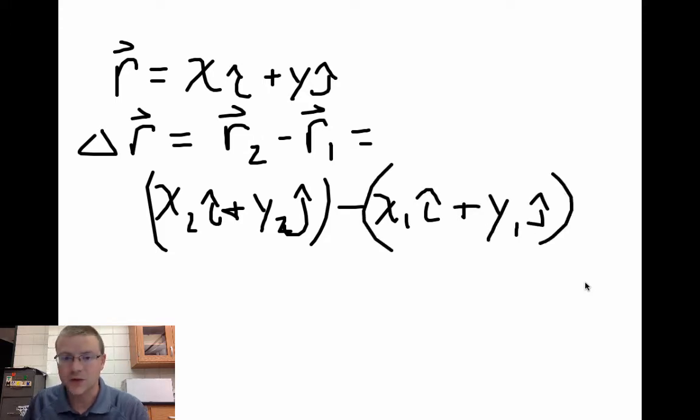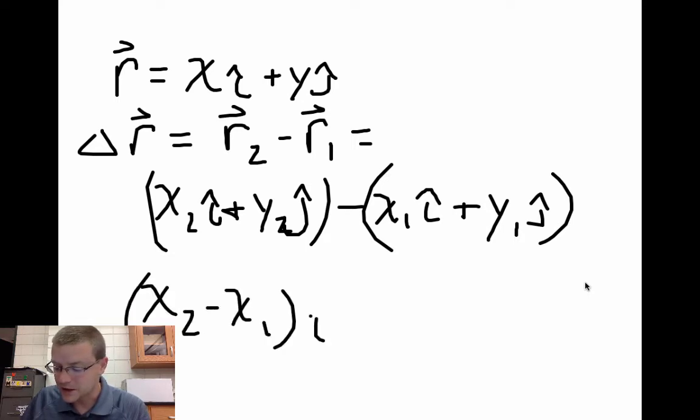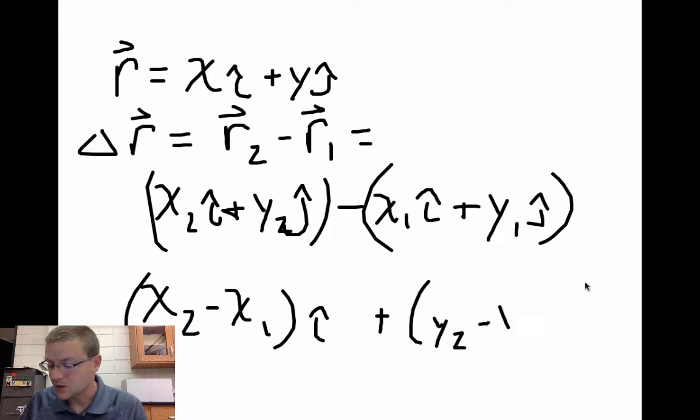So having those two pieces of information, what we can do is actually combine the i's together and combine the j's together. And what you'll be left with is x2 minus x1 all in the i direction. We're going to add that to y2 minus y1 in the j direction. And that's how you get your two pieces for your r vector.